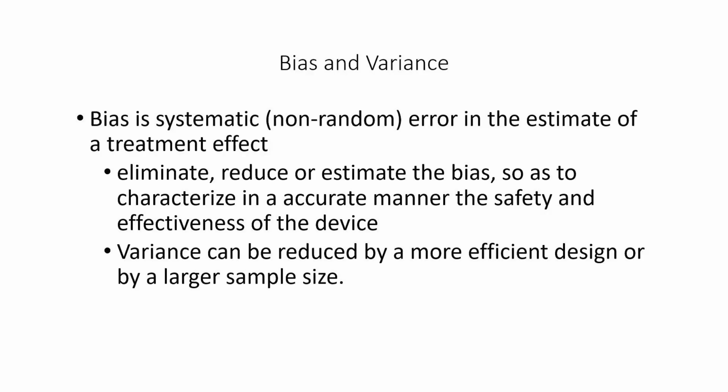Variance can be reduced by a more efficient design or a larger sample size. What is variance? Variance is the outcome difference, right? So let's say I'm using this particular tissue replacement patch on 20 human subjects, 20 patients, and they have behaved in very different ways, right?